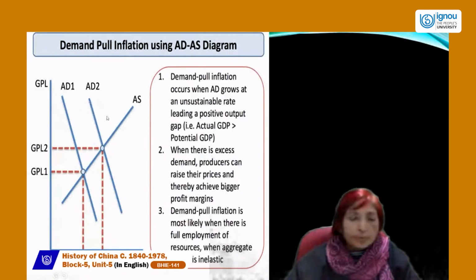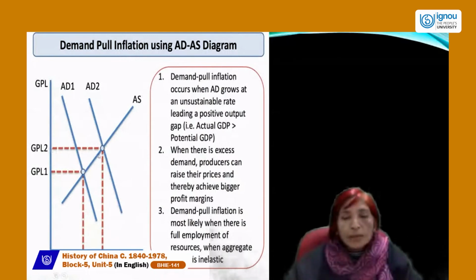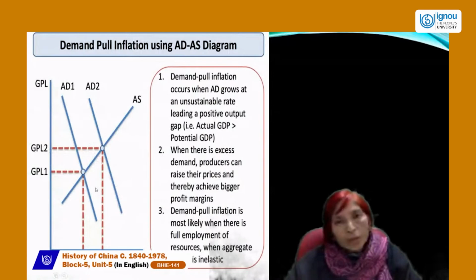Now next, this new aggregate demand curve intersects the aggregate supply curve here. This is another equilibrium point. For example, we assume that the first equilibrium point is E, the new equilibrium point will be E1. At this equilibrium point, price level will rise and income level will also rise from Y1 to Y2.